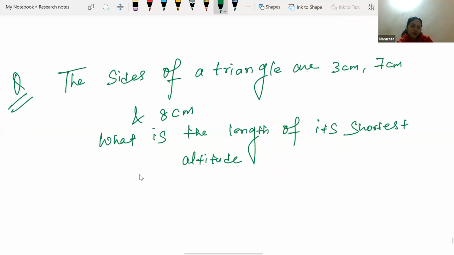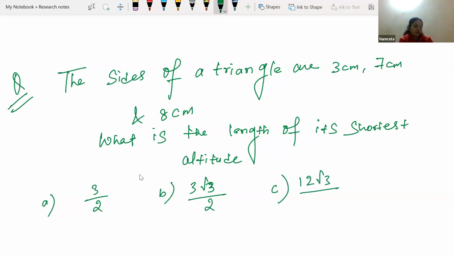Options are also given over here. Option A, 3/2. Option B, 3 root 3 by 2. Option C, 12 root 3 over 7. And option D, 4 root 3.